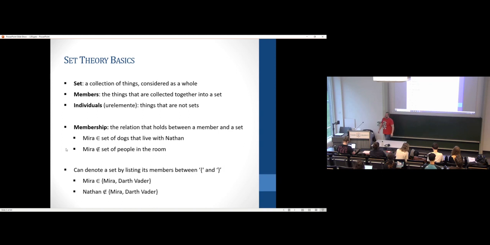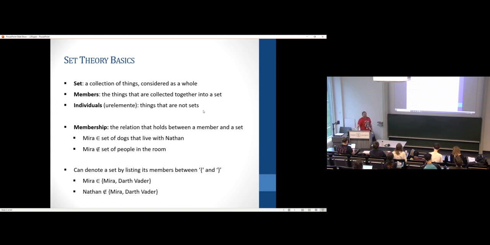So this tells us Mira is a member of the set of dogs that live with me. Notably, Mira is not a member of the set of people in this room, because that would probably lead to a biting incident, and we don't want that. Now, the way we write sets down, we can write out a set by writing these squiggly little brackets, and then we just list the things that are inside the bucket, list the things that are in the collection.